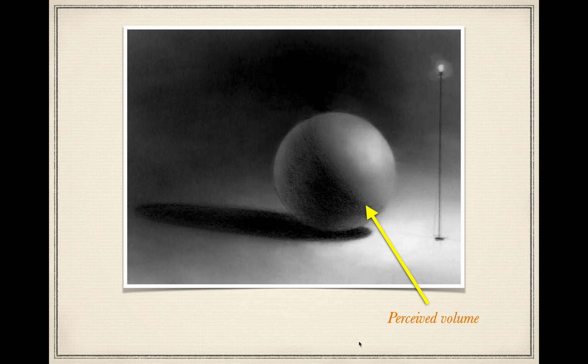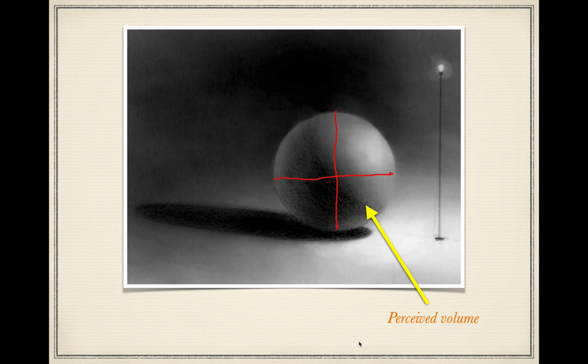Now, we actually have two dimensions here and not three dimensions here. So I have width and I have height. What I don't have here is actual depth. I only have actual width and actual height.